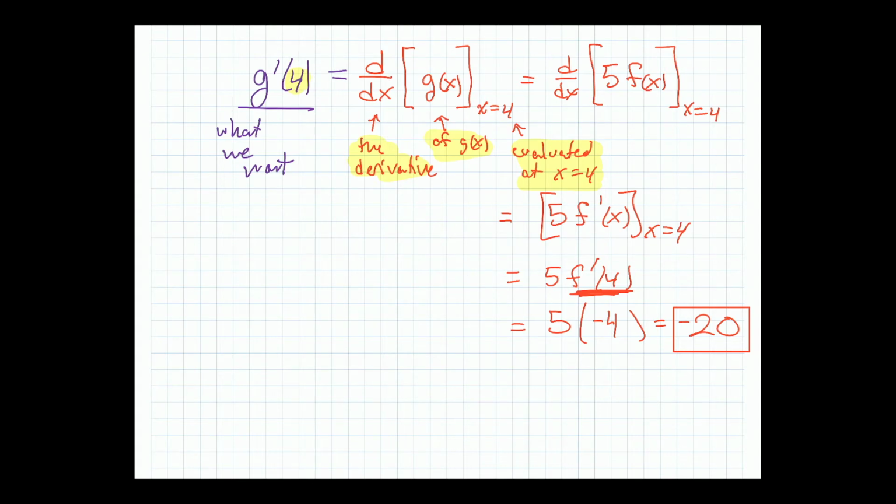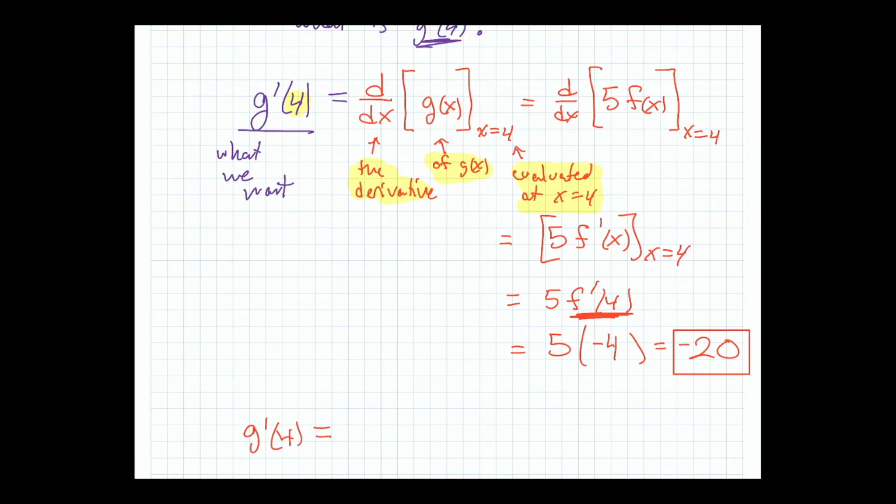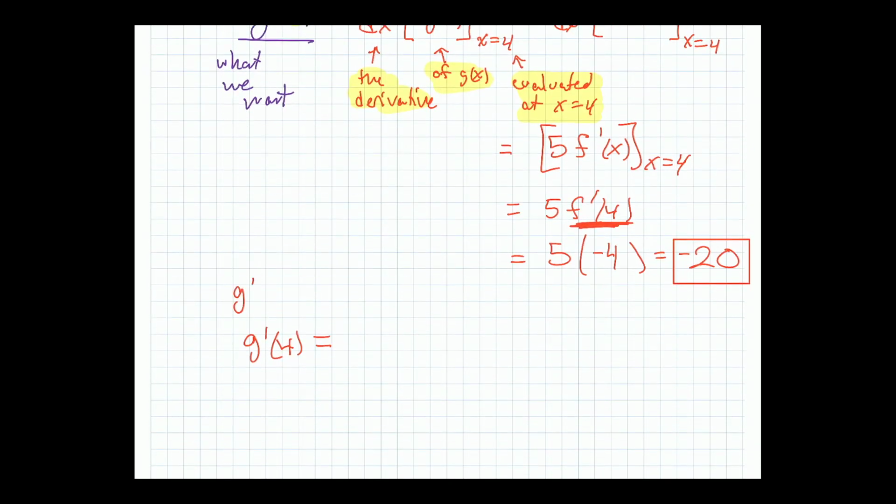How did they write it? They wrote it in a simpler way in their solution. Here's what they wrote. Maybe you'll like this better. I'm erasing all of this.